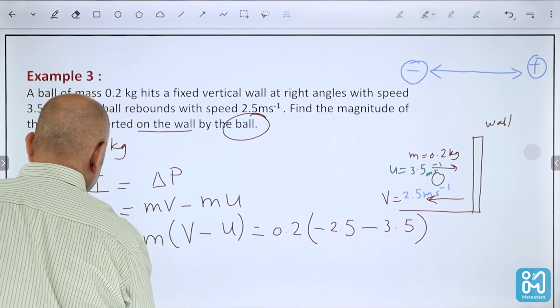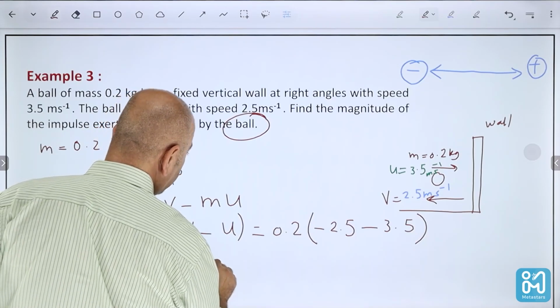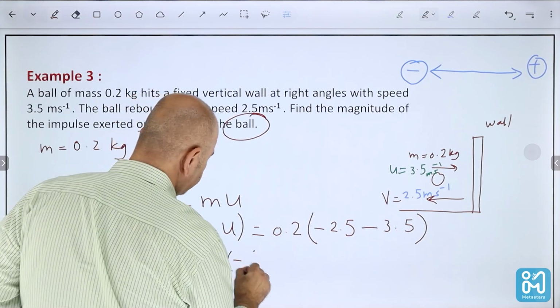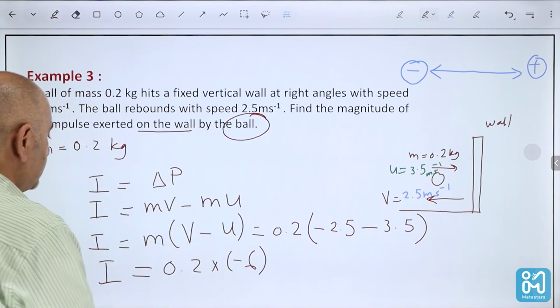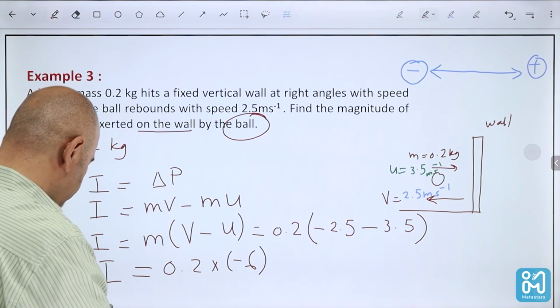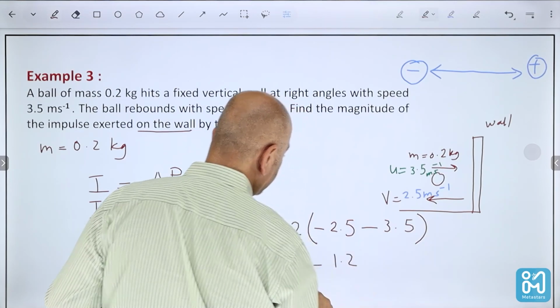So impulse equals 0.2 times negative 6, which is negative 1.2.